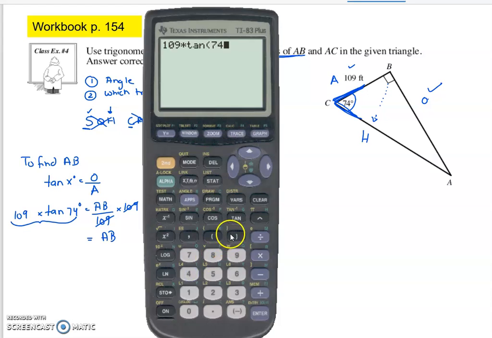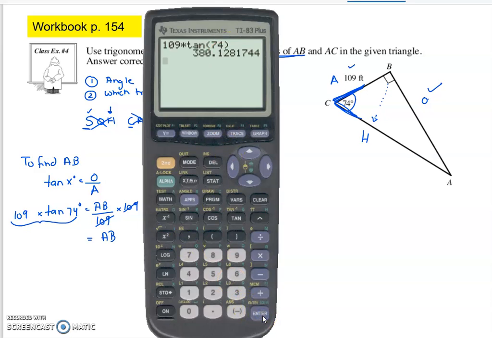Please make sure you close the bracket, especially if you wrote tan 74 first. Very important to close your bracket. Otherwise, it's going to think that you're taking tan of 74 degrees times 109 degrees. So very important to close this.